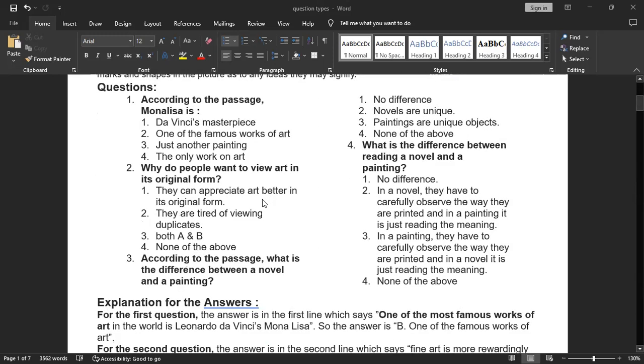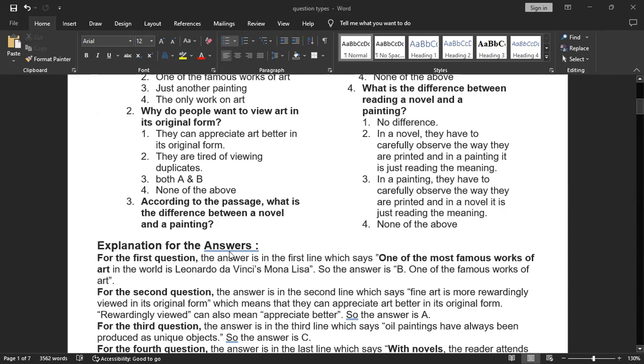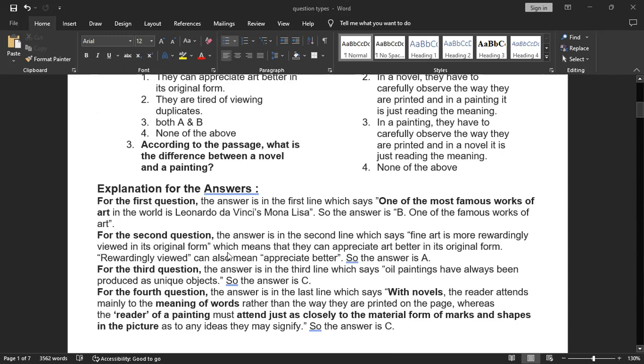Now the last one, for the fourth question, the answer is in the last line, which says with novels, the reader attends mainly to the meaning of words rather than the way they are printed on the page.